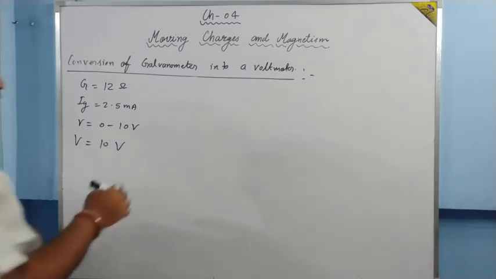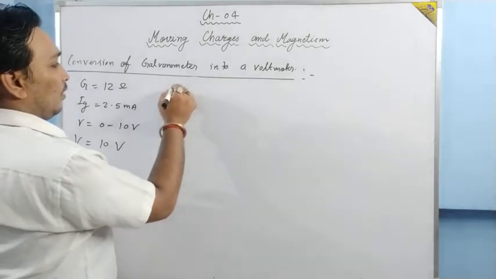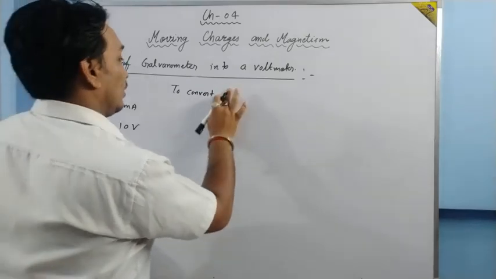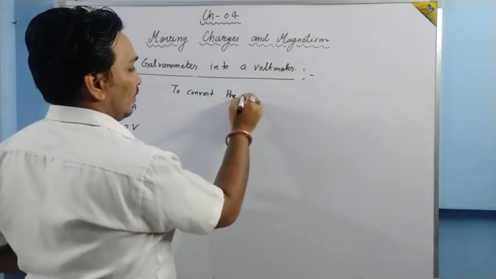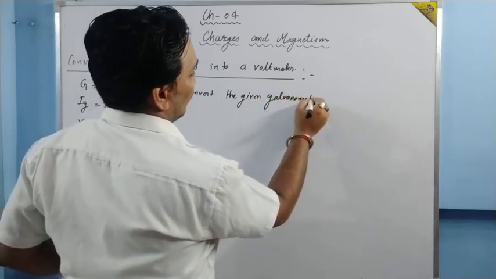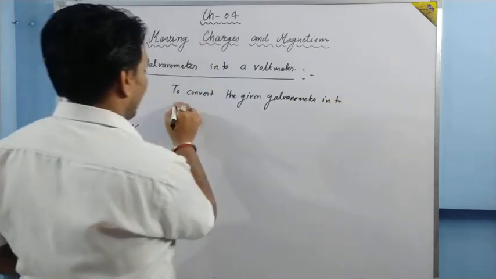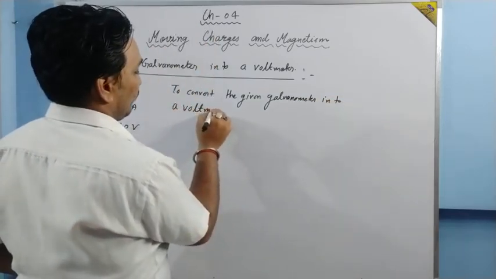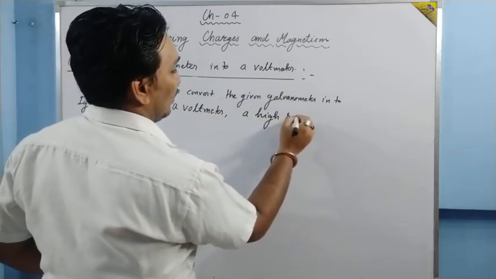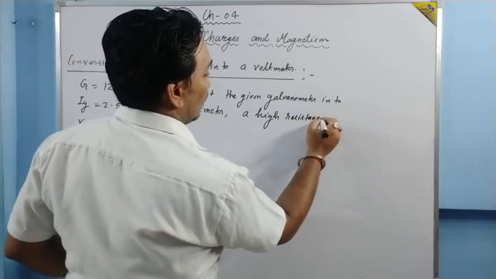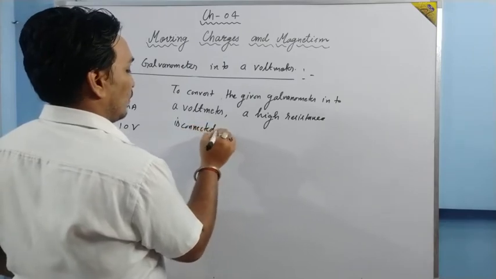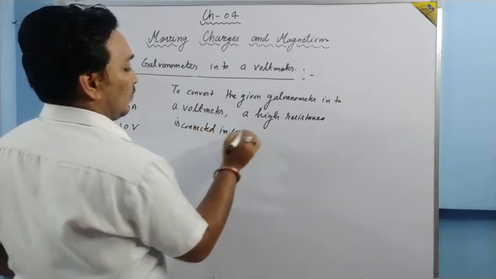The first line of the solution will go: to convert the given galvanometer into a voltmeter, a high resistance is connected in series.